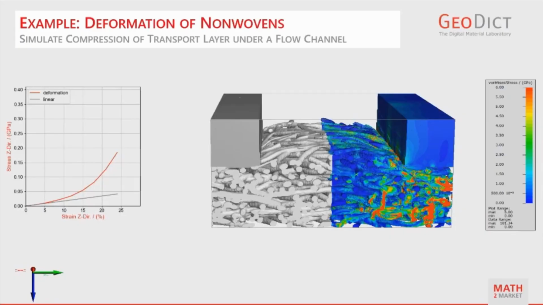The next example is a porous transport layer. You see here a porous transport layer that is used in an electrolyzer, and typically they are compressed by a backing layer that consists of some flow channels for air or hydrogen. So we have a channel-rib pattern that causes an inhomogeneous compression of the media.